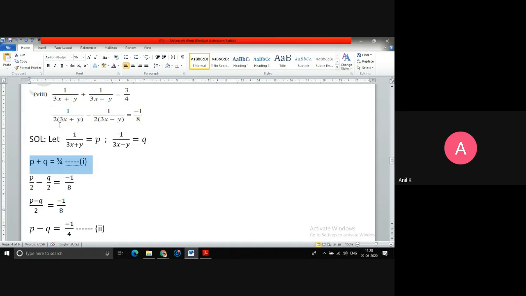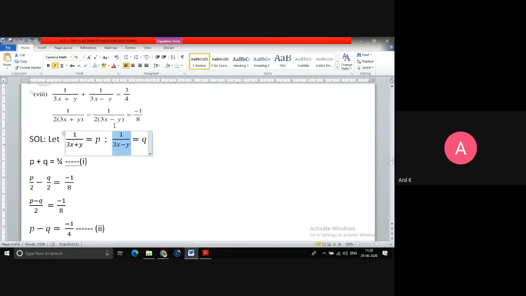Now what about the second equation? You have 1 by 2 into 1 by (3x plus y), like we did in the first question of today's class. The 2 is in the denominator, so I'll get p by 2 minus q by 2, because q is just 1 upon (3x minus y).